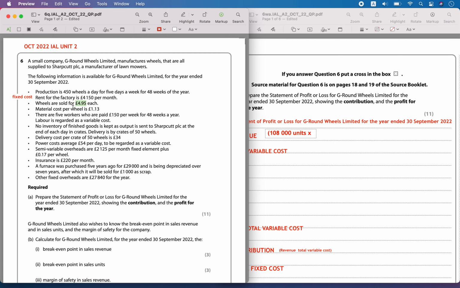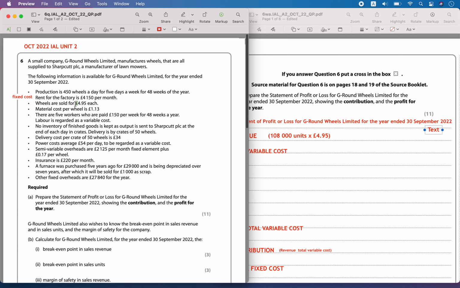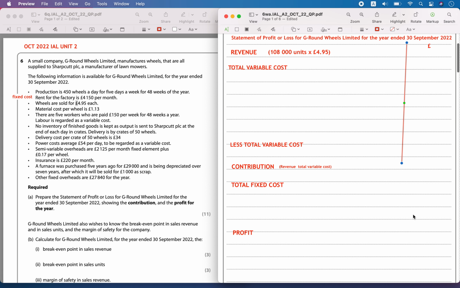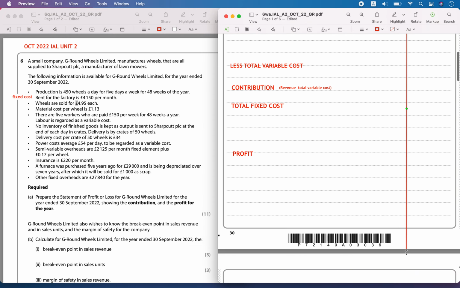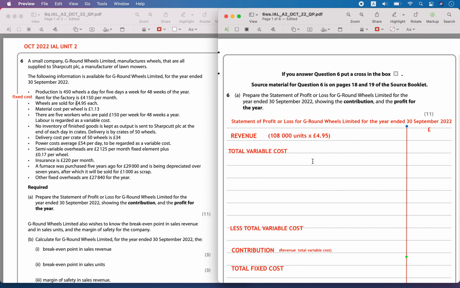So 108,000 units into the selling price per unit, 4.95 pounds per unit, is going to be equal to 534,600.